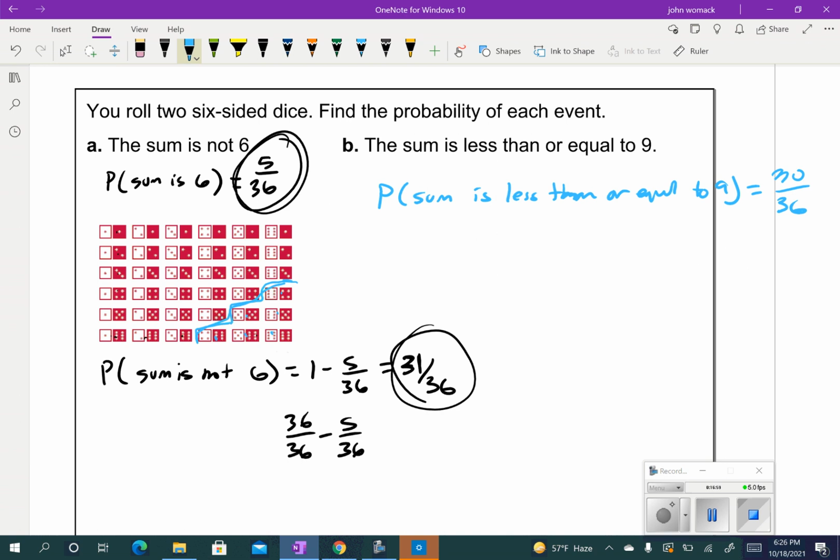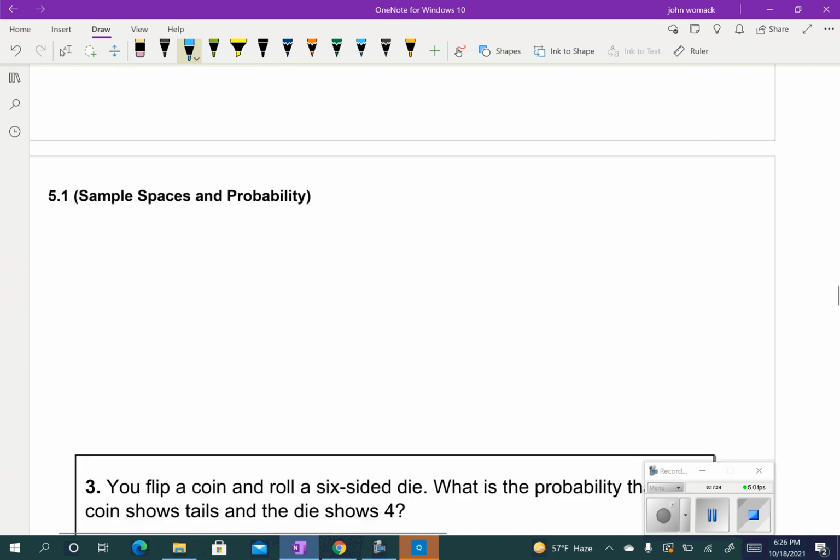So by knowing the complement, knowing that there are 6 of them, I know that there has to be 30 of them that are not. So 30 out of 36, which you could write divided by 6 as 5 over 6. Or again, if you want to write it as a decimal or a percent, you could do that also. So sometimes it's easier to find the probability of the complement and then to subtract it from 1 to find the probability of an event happening.